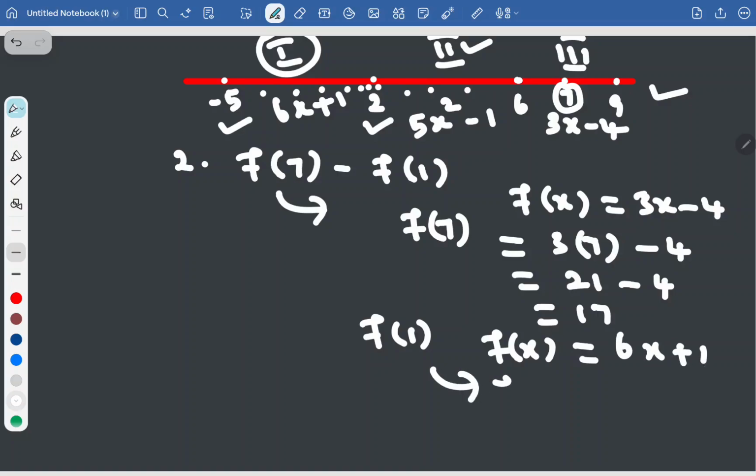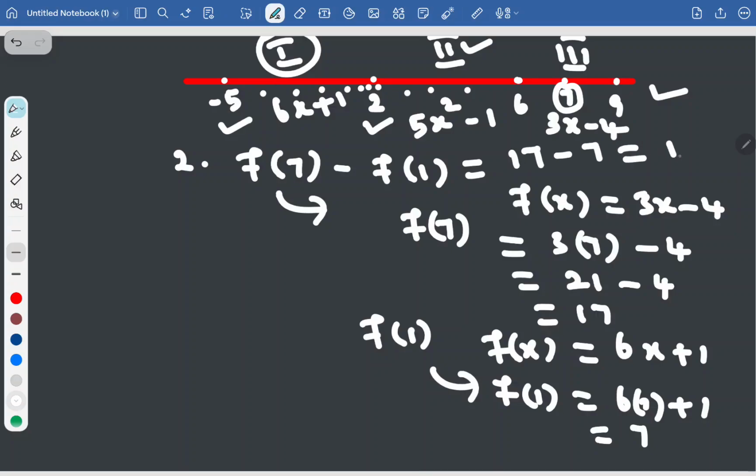Replace x by 1. f of 1, 6 into 1 plus 1, 6 plus 1, 7. Therefore, f of 7 is 17. f of 1 is 7. 17 minus 7, 10. Second subdivision over.